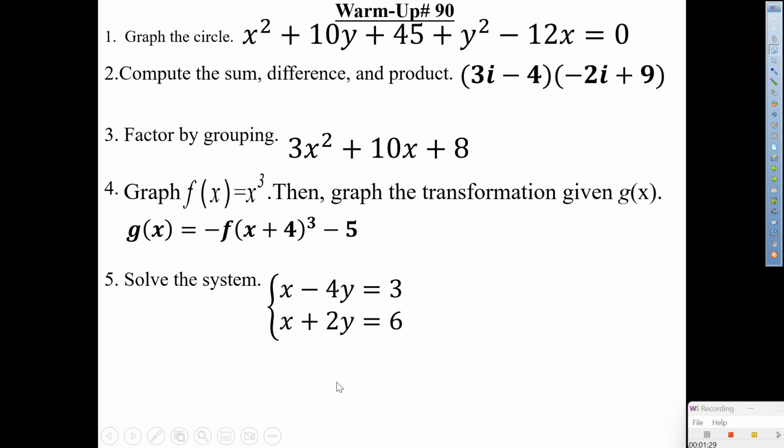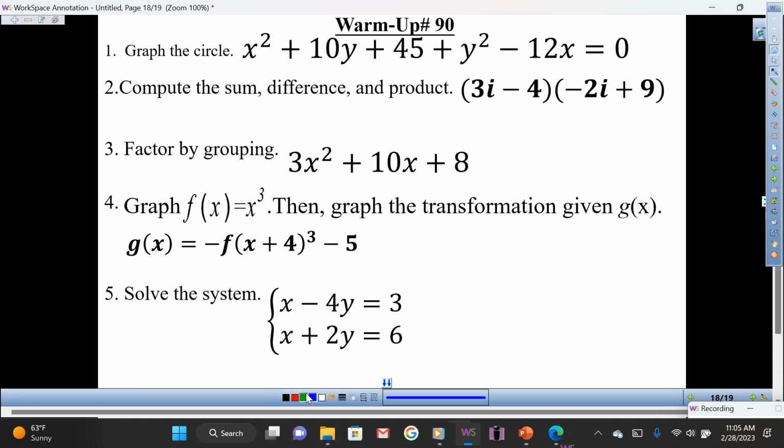Number 2, what'd you get for the sum, Alyssa? Five plus i, that is correct. All right, how about the difference?